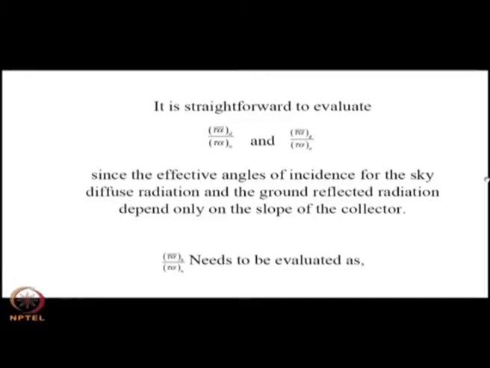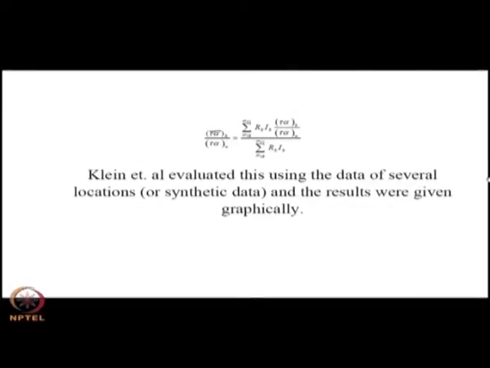So, I have already mentioned that tau alpha bar d and tau alpha bar g can be evaluated once we know theta d and theta g, which are simple functions of the slope of the collector, and this needs to be a weighted average.